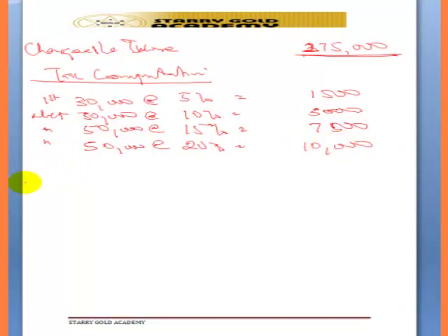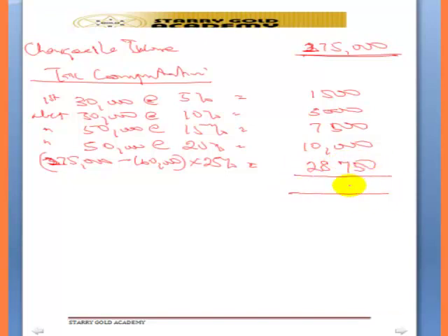And above 160,000, just take the amount, 275,000, I beg your pardon, minus 160,000, then multiply by 25%, and you have 28,750.